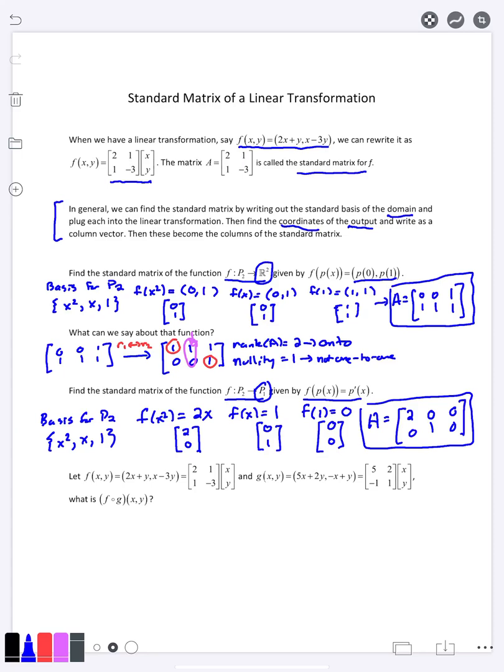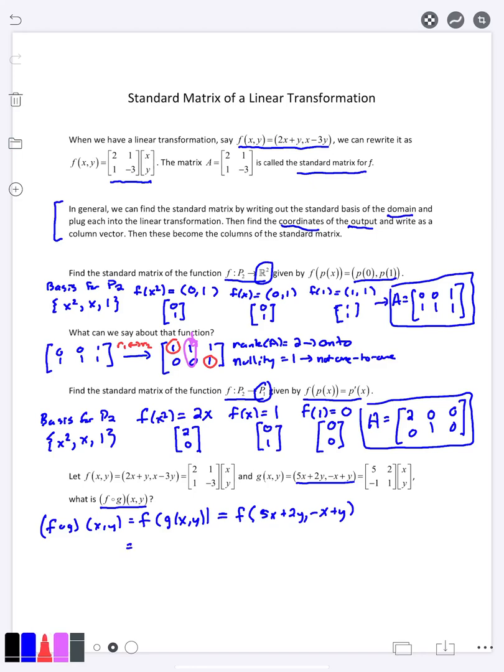Now, this last example is something I think is going to be really cool. So we're going to try to do composition here. So f circle g of (x, y) means you first plug the point into g, and then you plug the output into f. So the output of g is going to be 5x plus 2y, minus x plus y.